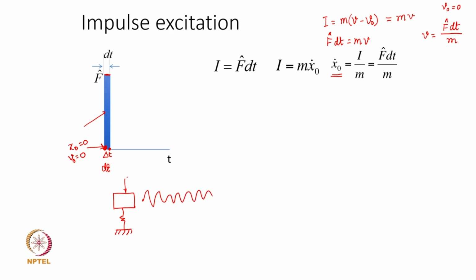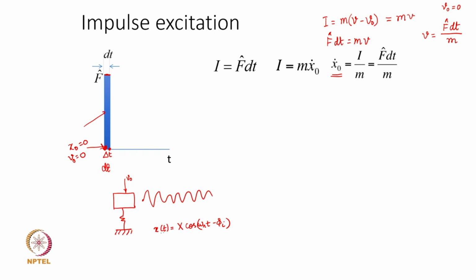Now, we know very well that if I know the velocity imparted to this mass as an initial condition at t equal to 0, what would be the response? If you remember, we obtained the expression X cos of omega n t minus phi. This is the expression that we derived for an undamped single degree of freedom vibratory system.